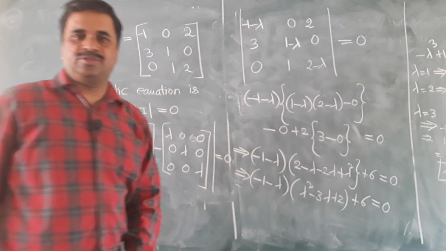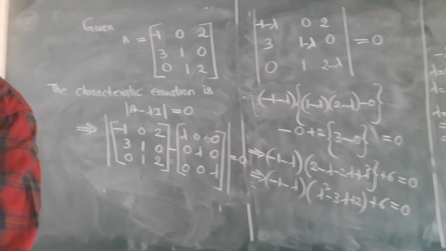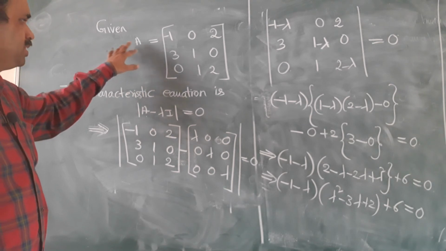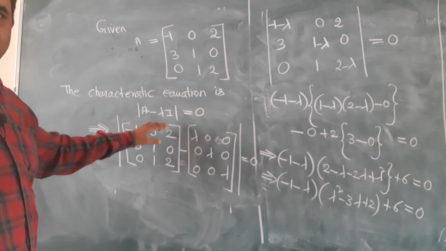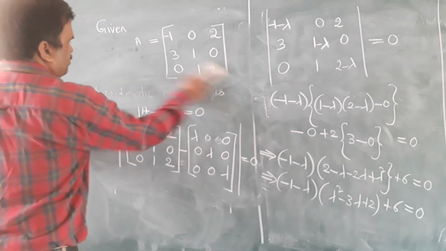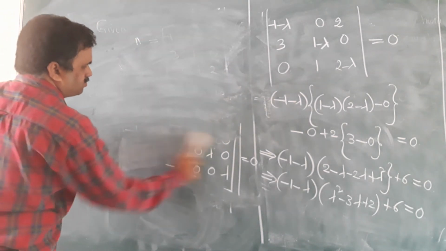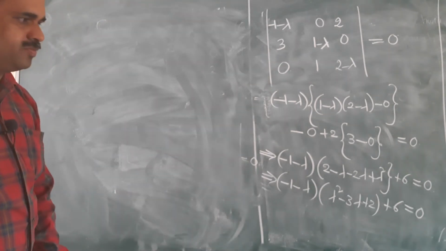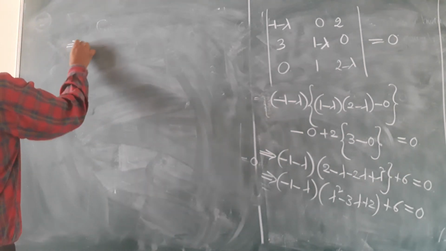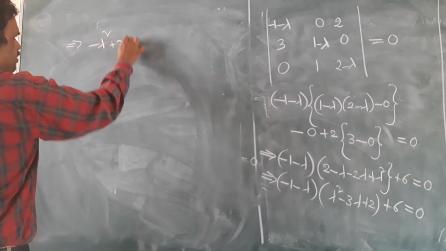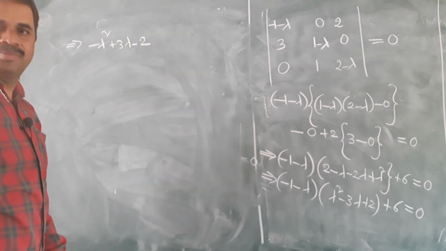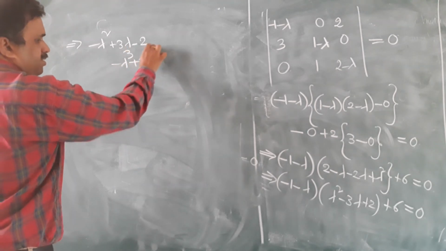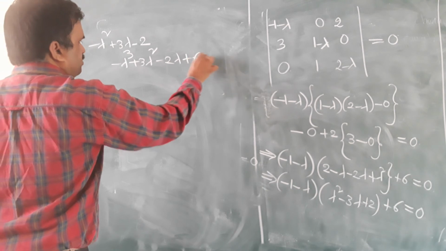Still we have to simplify it. The characteristic equation of matrix A is determinant of A minus lambda I equal to 0. Multiply minus 1 minus lambda by lambda square minus 3 lambda plus 2, giving minus lambda cube plus 3 lambda square minus 2 lambda plus 6 equal to 0.